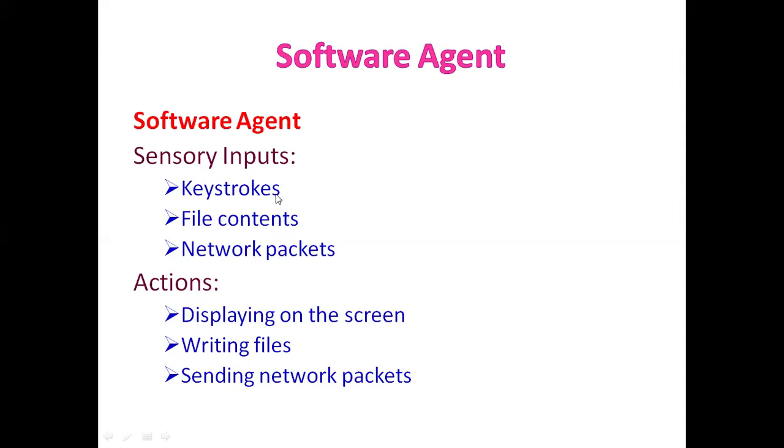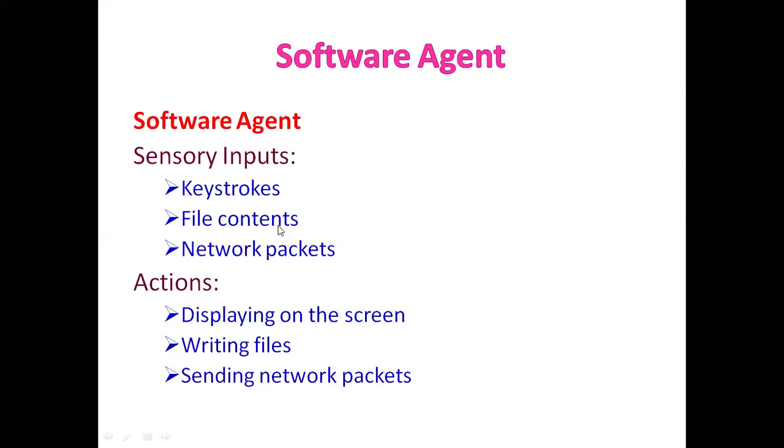Keystrokes are captured when a user types on a keyboard, allowing the software agent to respond to user commands or inputs in real time. File contents. What is the function of the file content?